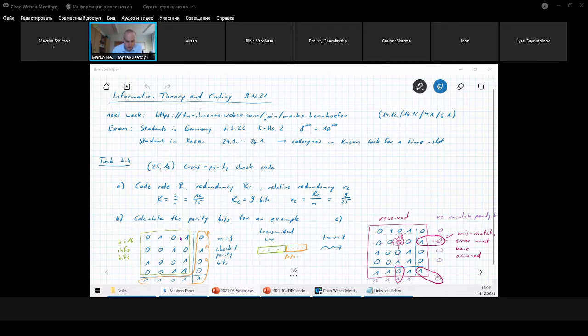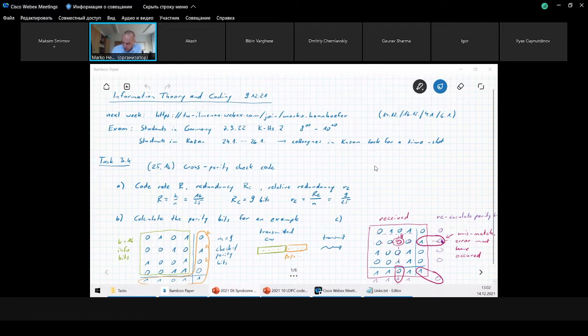We can imagine arranging our information bits in a square shape and calculating parity bits for each row and each column. Then at the receiver, if we recalculate the parity bits based on what we receive, we can identify mismatches between the received and the calculated parity bits.